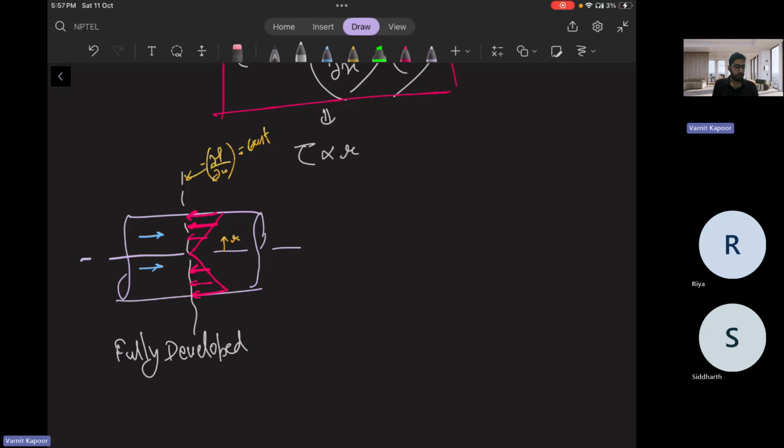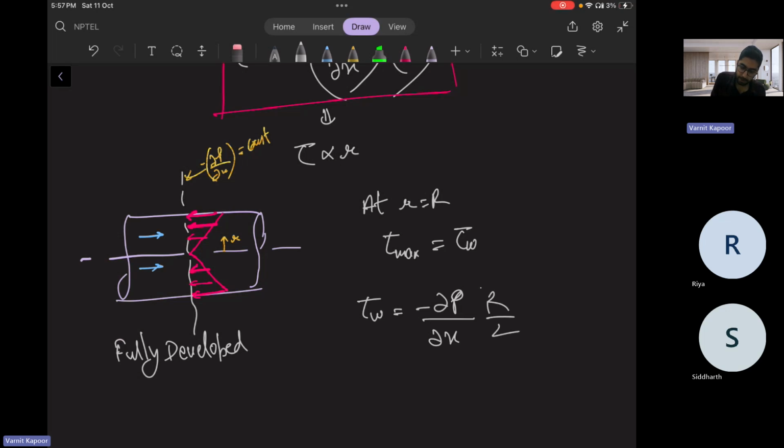So for this section, with respect to R, we are seeing. At R equal to capital R, that is the pipe radius, my shear stress is maximum, that is tau wall. So tau wall will be minus dou P by dou X into capital R by 2.